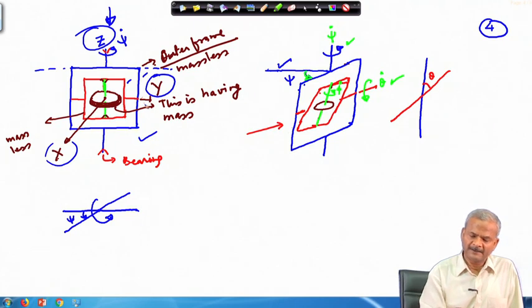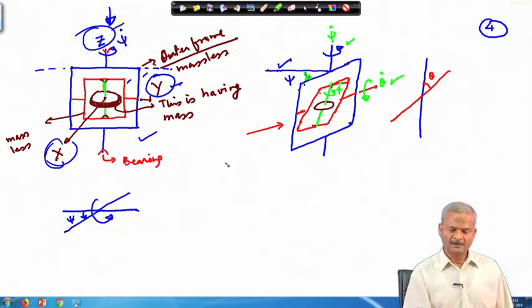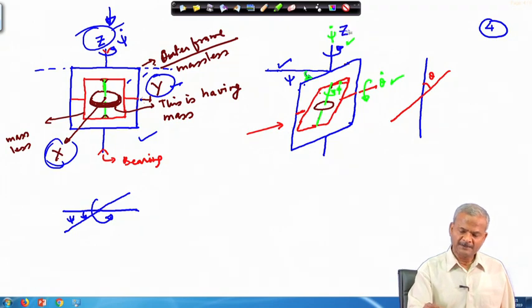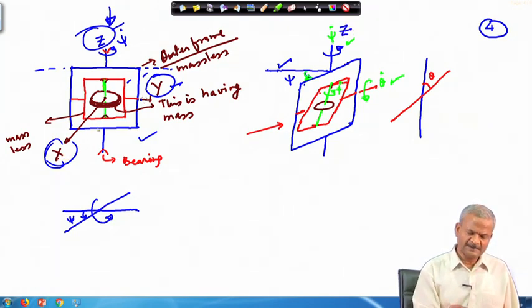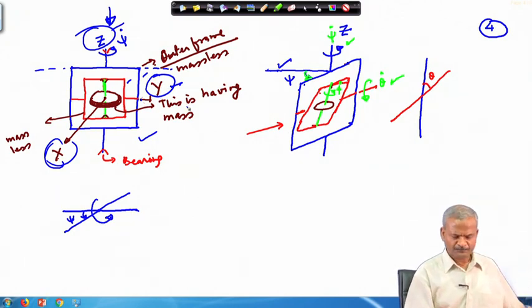Thereafter, if I give rotation about this y axis, the capital X, capital Y and capital Z axes remain fixed. Here the capital Z axis is there, and capital X and capital Y are not of use to us right now.